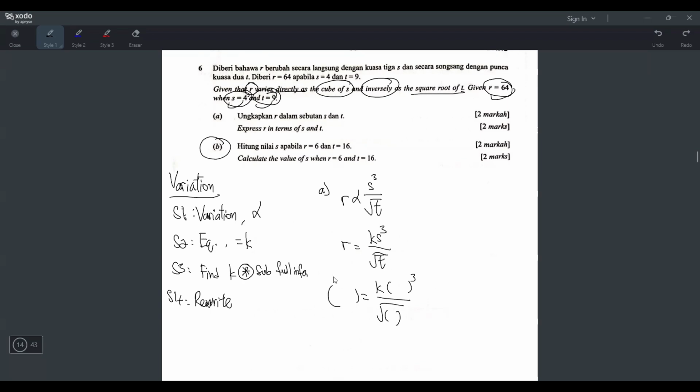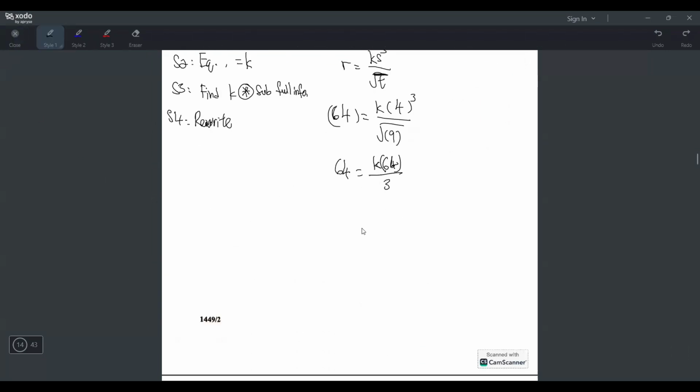So now we can sub r = 64, s = 4, but don't forget the power 3, and t = 9, but don't forget the square root. Now you get 64 = k times 4 power 3 over square root 9. 4 power 3 you can press to get 64, and square root 9 you can press to get 3. Now you can find your k. The 3 at the bottom means divide, so it moves over to become multiply.